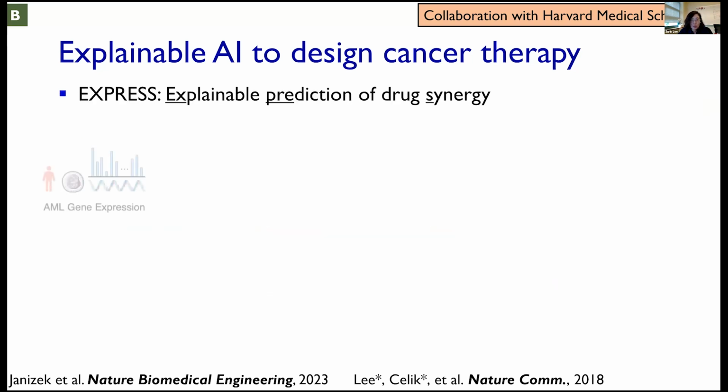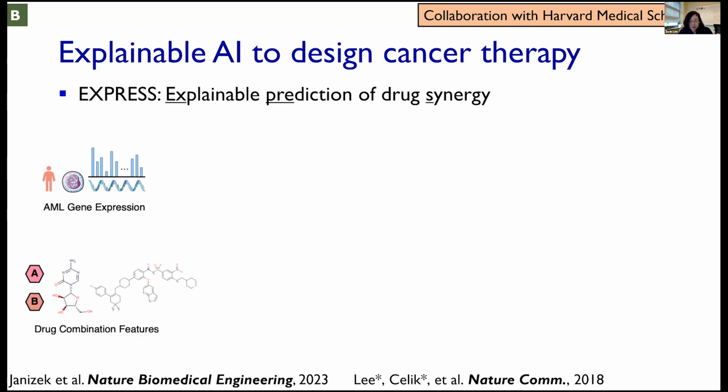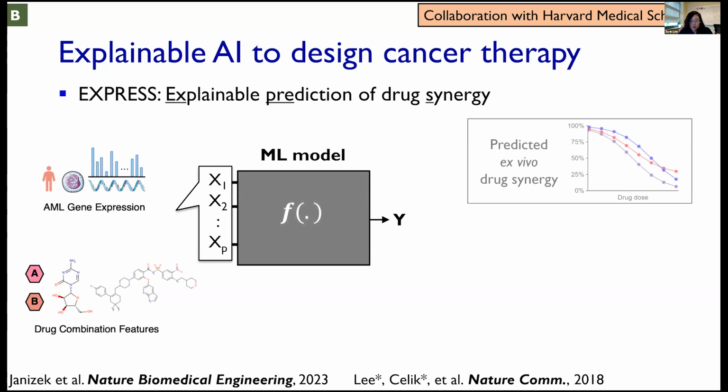So we developed the Express framework, just recently published, and we use a collection of data sets with a bunch of samples, including characteristics of different patients' AML tumors. We use gene expression levels and the characteristics of a bunch of different drugs and drug combinations, such as the structure of those drugs or biological targets, and we use this data to train a machine learning model to predict whether these 2 drugs are going to have a synergy or not.